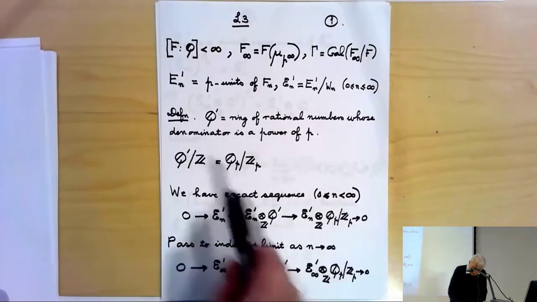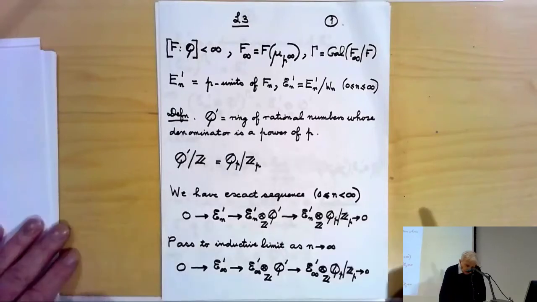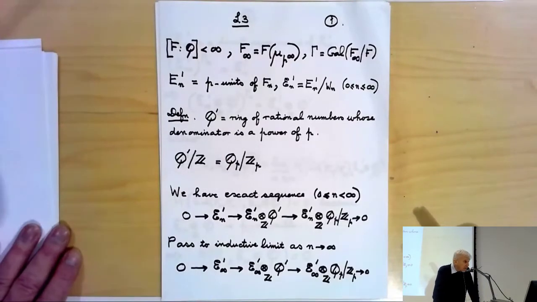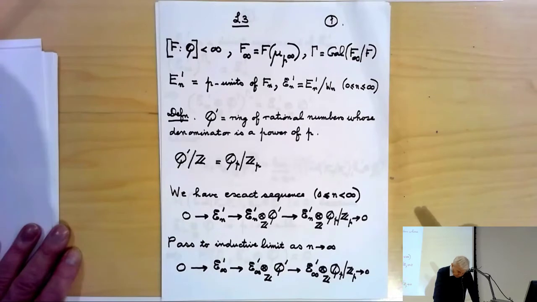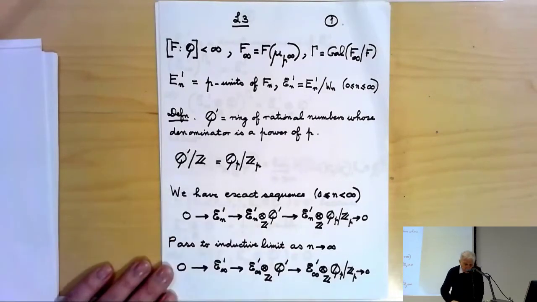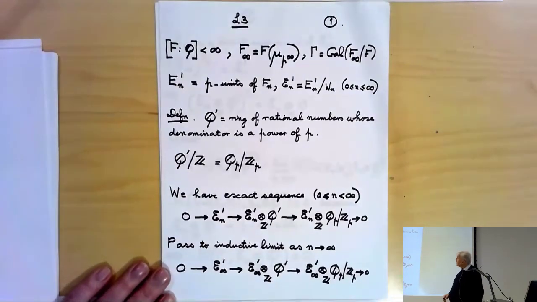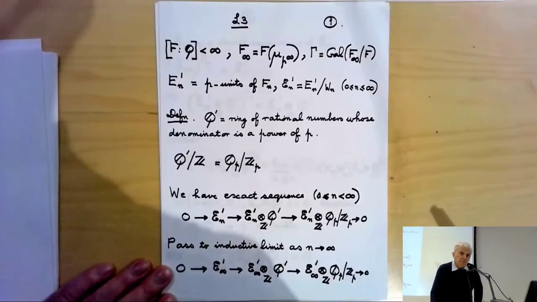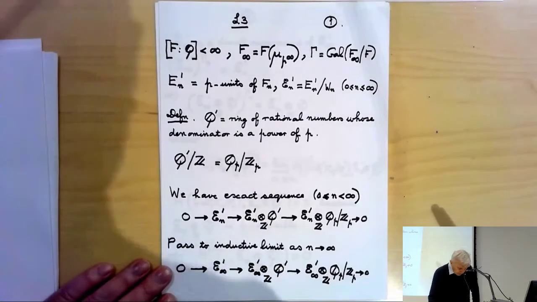So now I want to write Q prime for the ring of rational numbers whose denominator is a power of p. So in other words, the localization of Z at the prime ideal p. And then it's obvious, as I've remarked here, that Q prime modulo Z is the same as Q_p modulo Z_p. That's obvious.